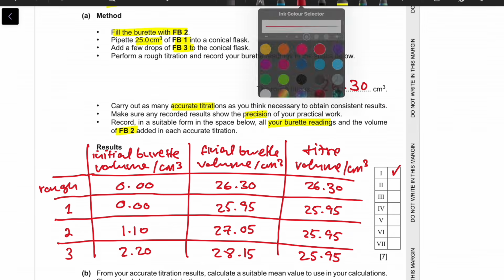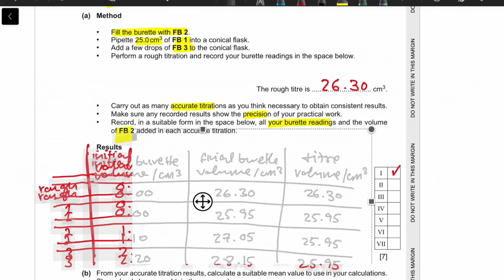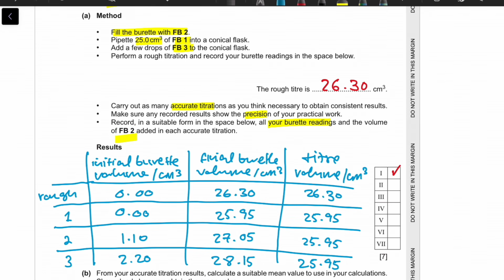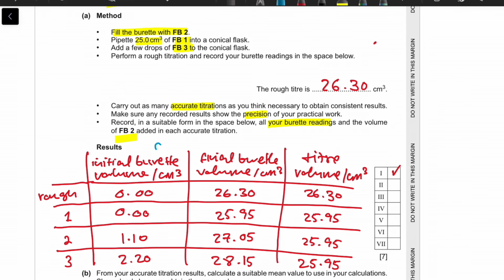Okay, I'm just going to use a different color. 2 burette readings, initial and final. That's the first condition.